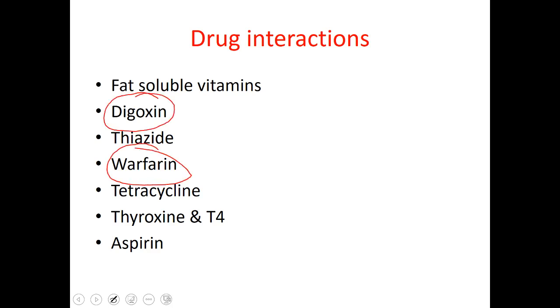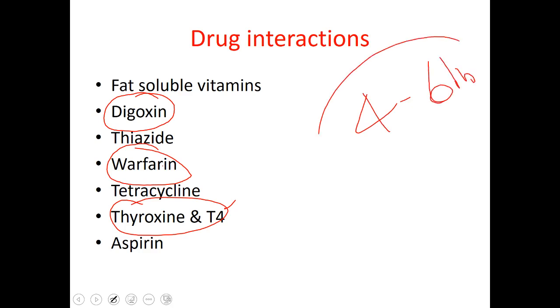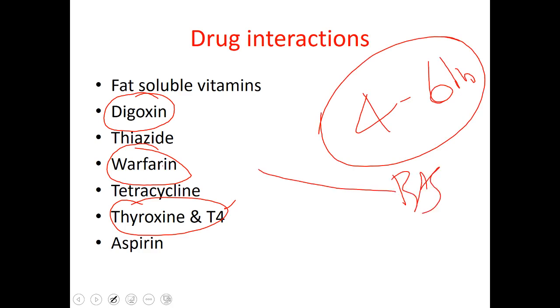In unit 3 keep these in mind: digoxin, warfarin. Thyroxine will be seen in unit 4. So, whenever you give a bile acid sequestrant, a minimum 4 to 6 hour gap is essential between the time of administration of the bile acid sequestrant and any of these drugs. In that way you may reduce the drug to drug interactions.